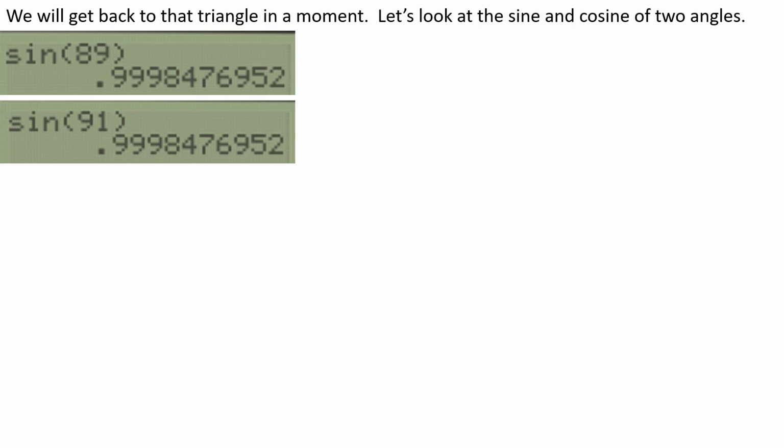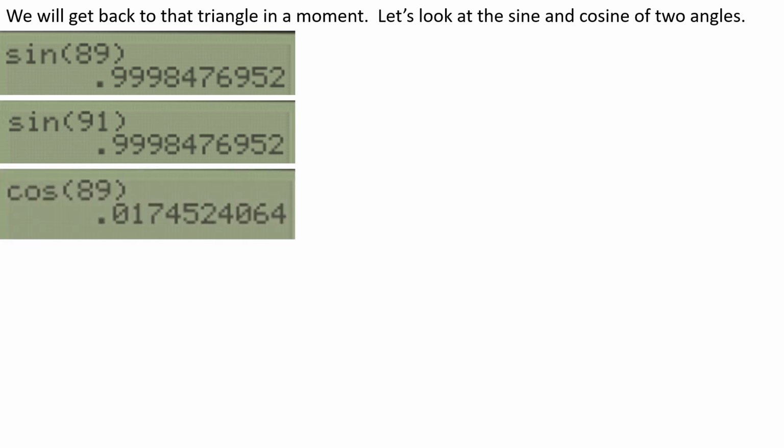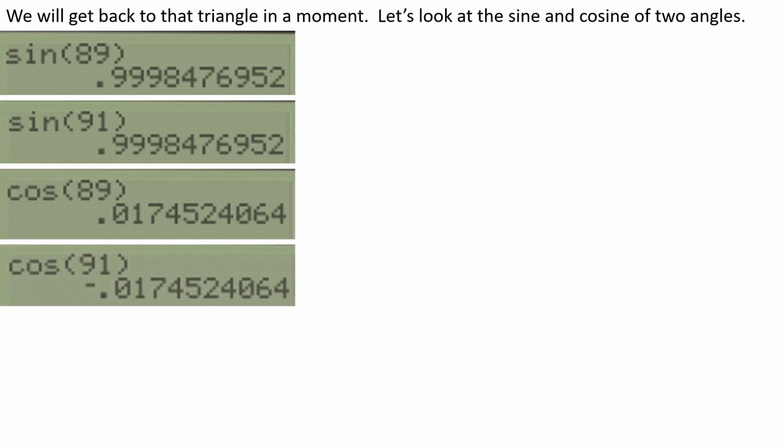So if I do an inverse sine, well, that value, how do I know if it's 89 or 91? Look at cosine though. Cosine of 89 comes out positive. That's 1 less than 90 degrees, of course. But if I'm 1 more than 90 degrees, cosine comes out negative.